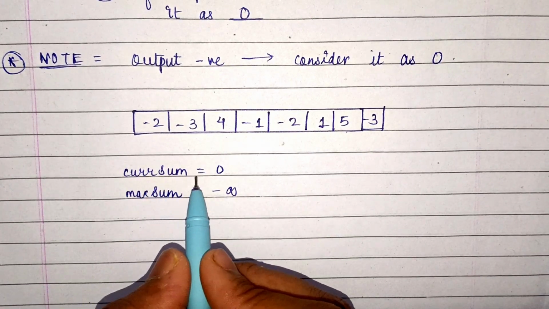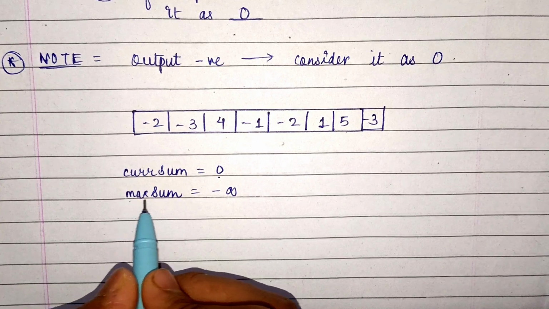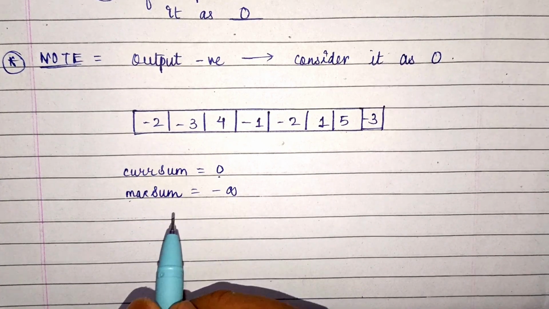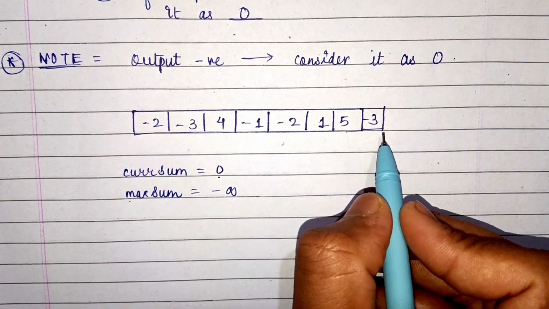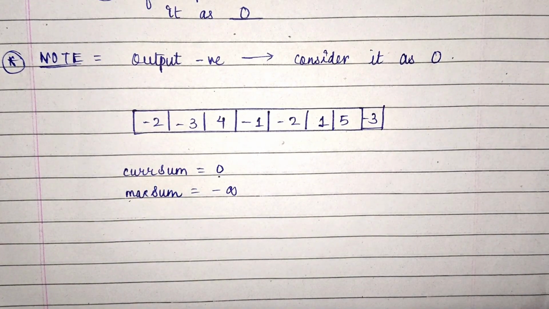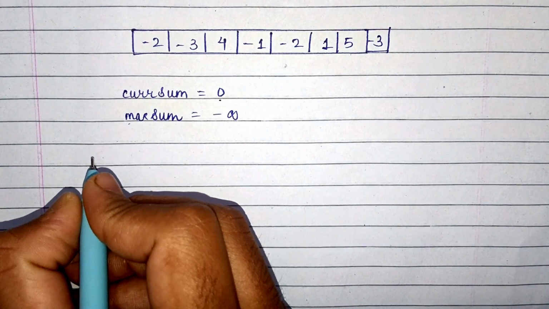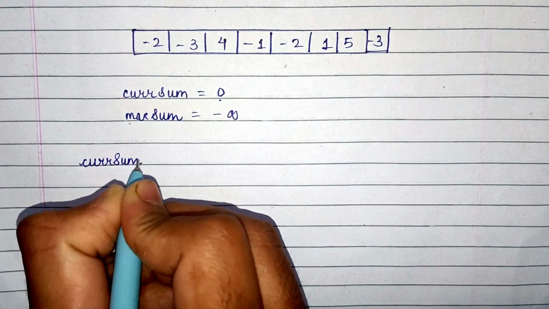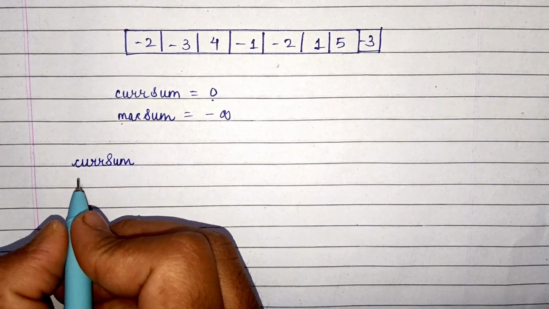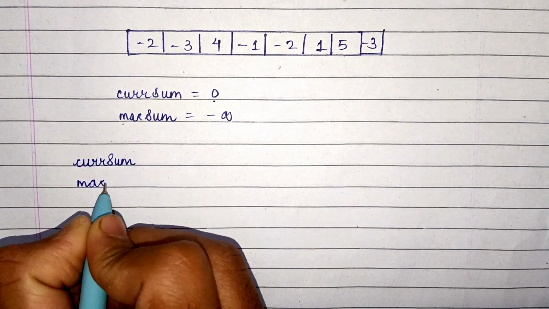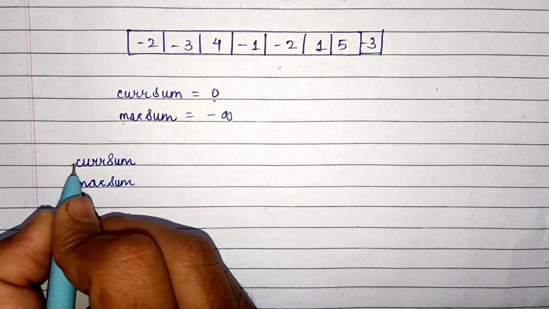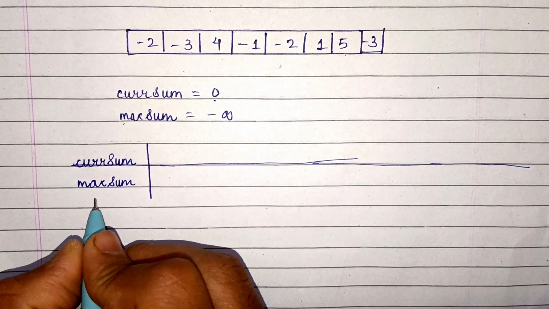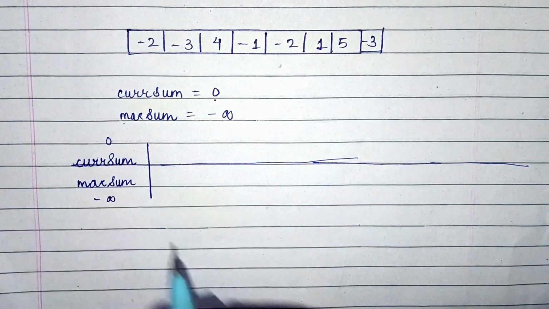The current sum is initialized with 0 and the maximum sum is initialized with minus infinity. We traverse through this array one by one and check: if the addition of two numbers is negative, then consider it as 0.